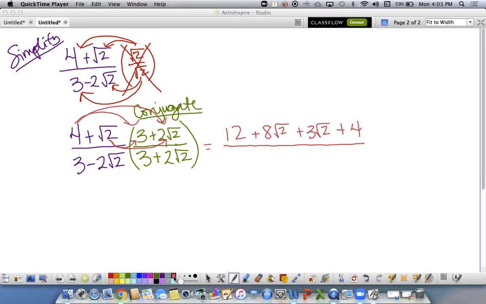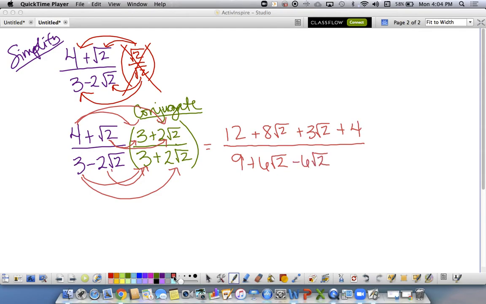I'm going to do the same thing. The first, 3 times 3 is 9. The outside, 3 times 2 root 2 is 6 root 2. Inside, negative 2 root 2 times 3 becomes negative 6 root 2.